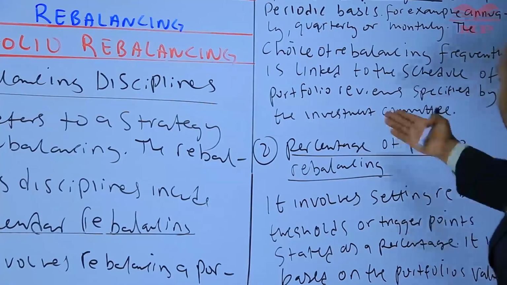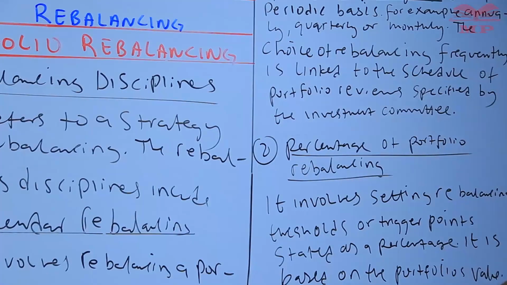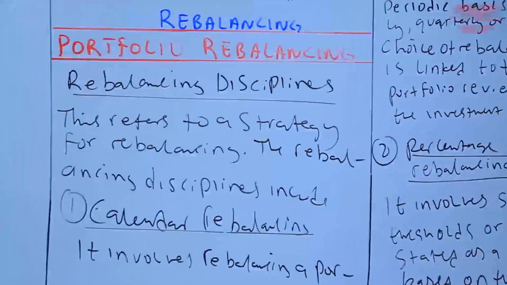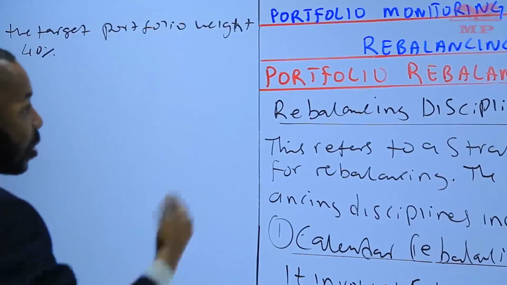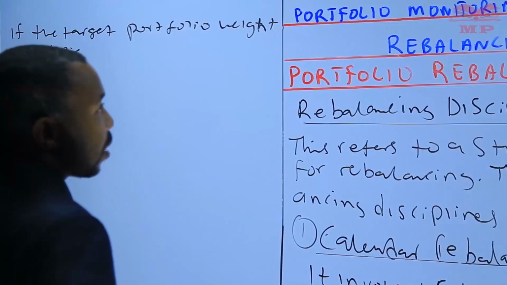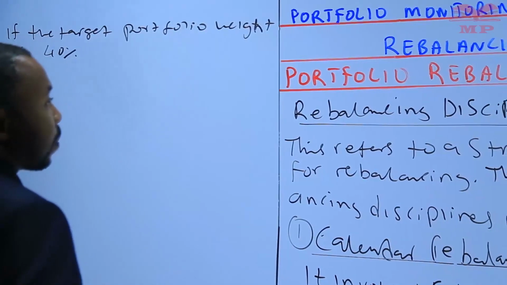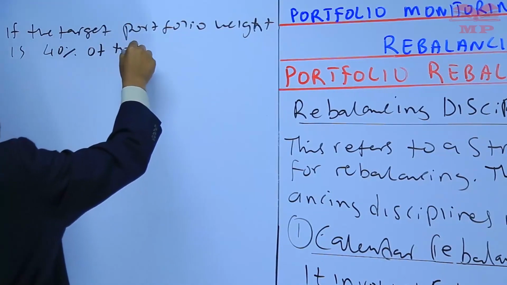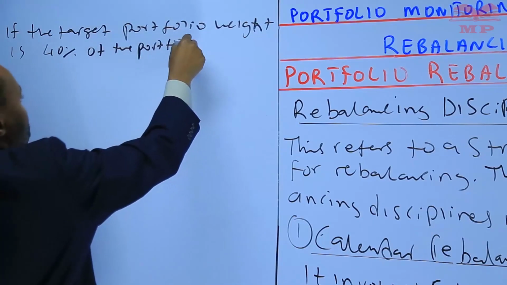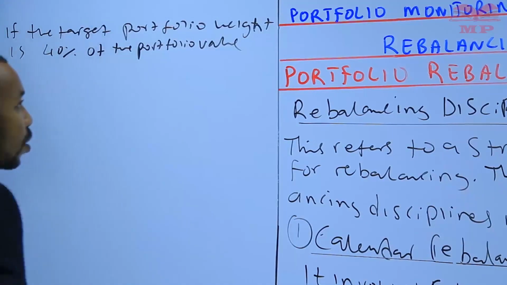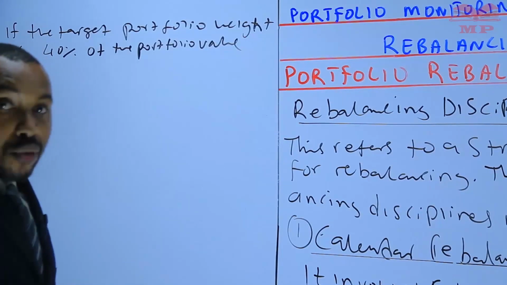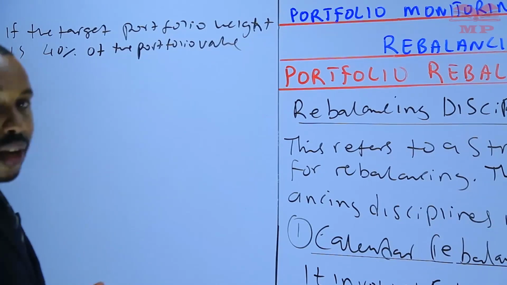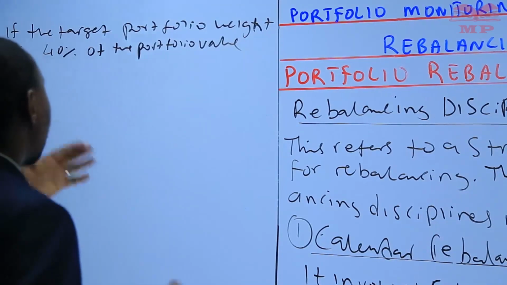We can give an example: if the target portfolio asset class weight is 40% of the portfolio value, then we can set up trigger points. Trigger points could be set at either 35% or maybe 45%.